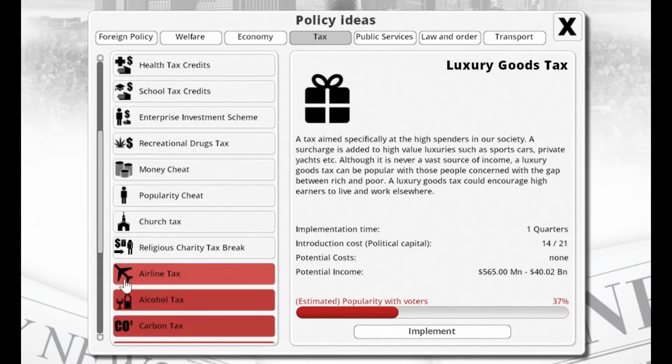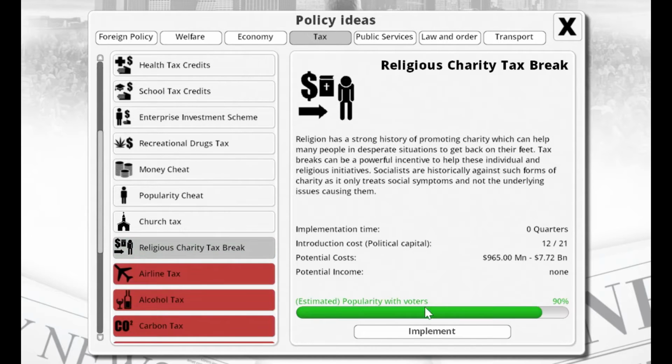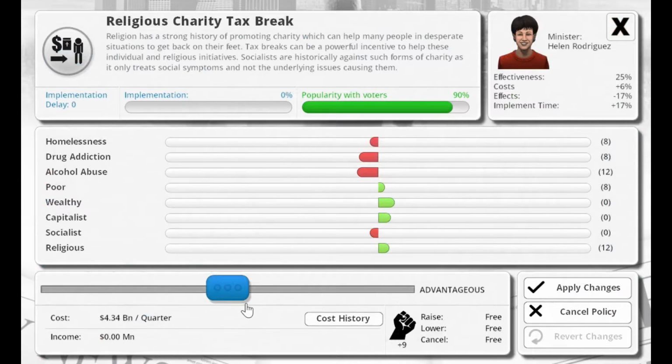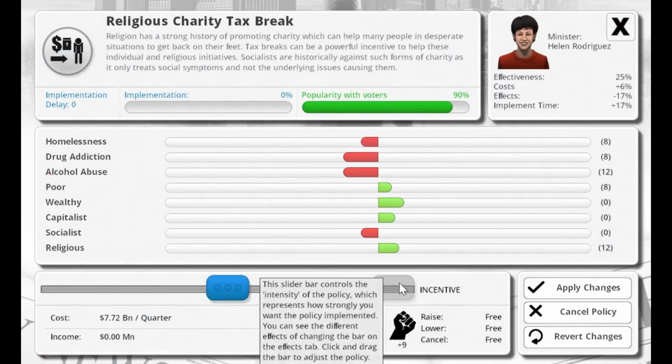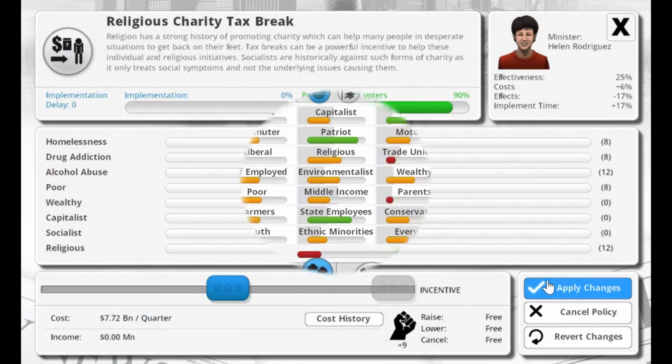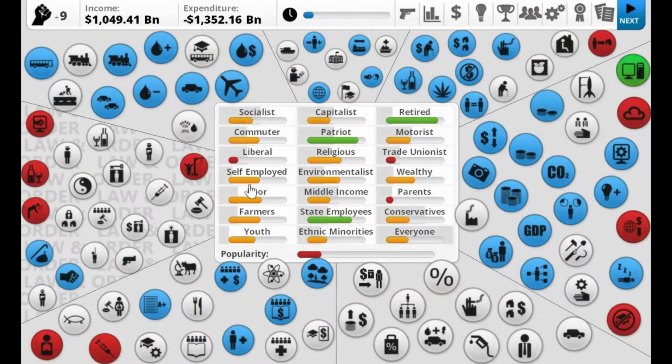Taxes. Perfect. Ooh, the socialists will like me less, though. That is something.